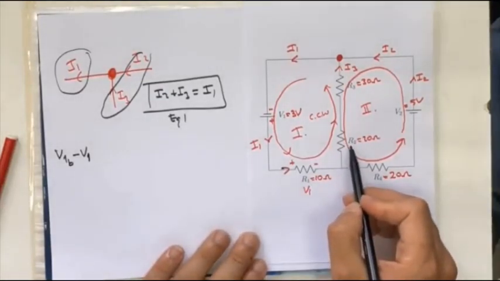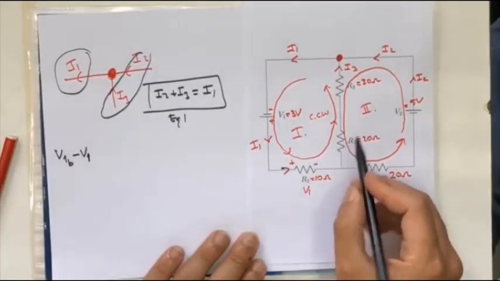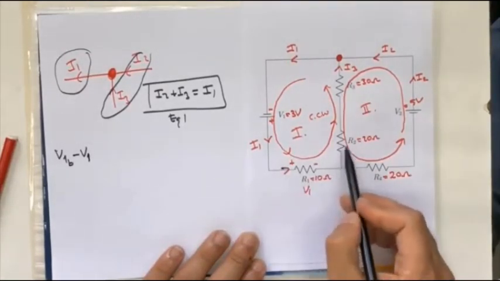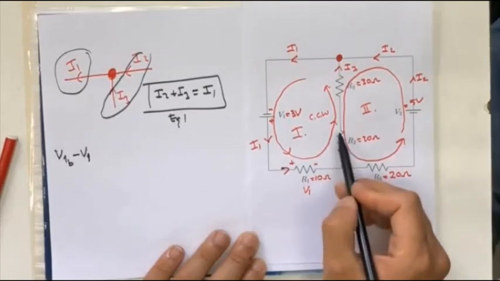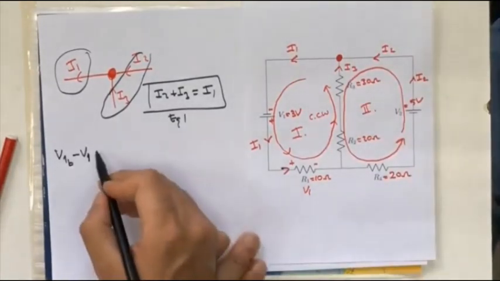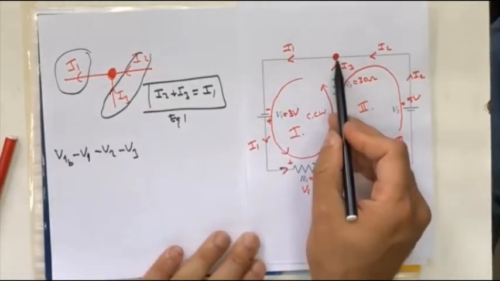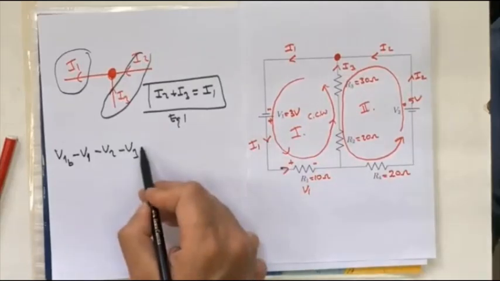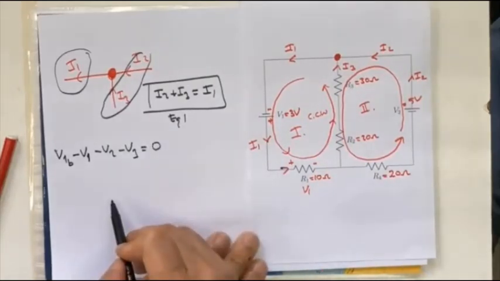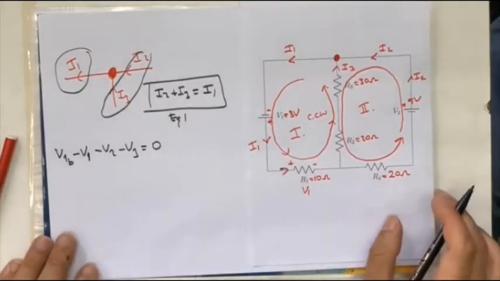For R2, I will use the same logic, V2 and V3. Since R2 and R3 also consume energy in the same direction, we will write minus V2 and minus V3. So we will reach the junction, and the equation will be equal to 0. Now let's put in the values.